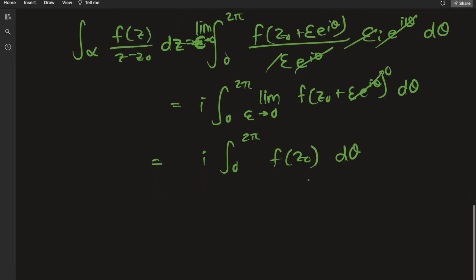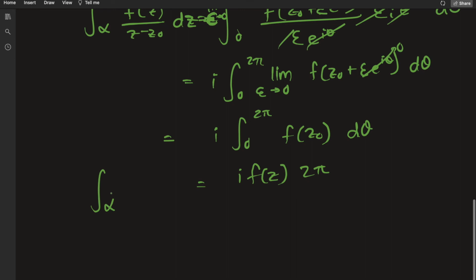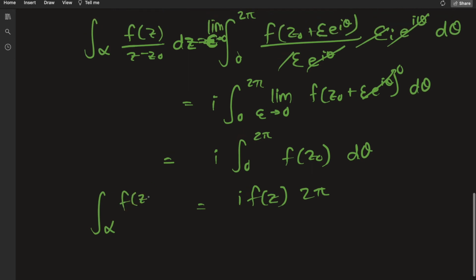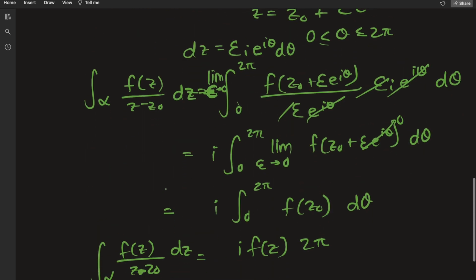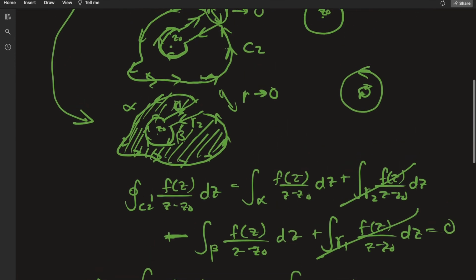Well, f of z naught is a constant, f evaluated at z naught, which is a specific point, so it can come out of the integral from 0 to 2 pi d theta, giving 2 pi. That is equal to the integral over alpha of f of z over z minus z naught dz.